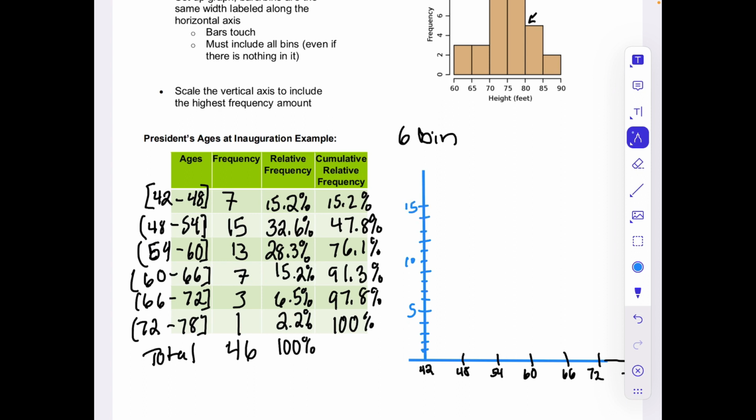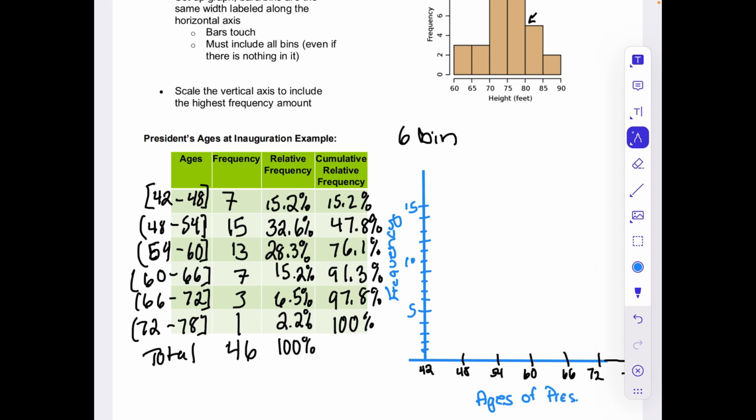All right, don't forget to go back and actually label what each of these numbers represent. So here we have frequency. And then down below, we have ages of presidents.